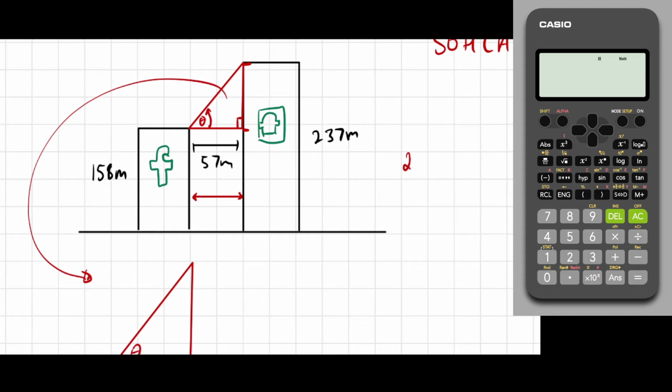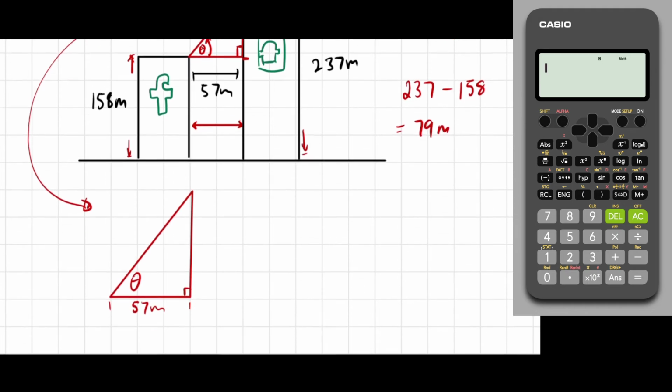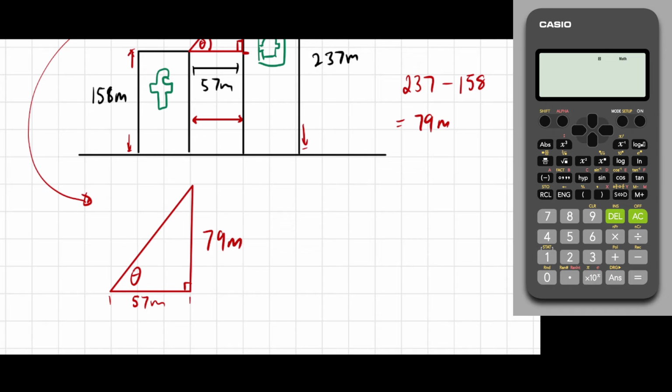If I do 237 minus 158, which is this total distance along here minus the height of the building on this side, it's going to give me that leftover bit in the middle, that difference between the two buildings. Doing this, we get 79 meters, and we can put this into our diagram like this.